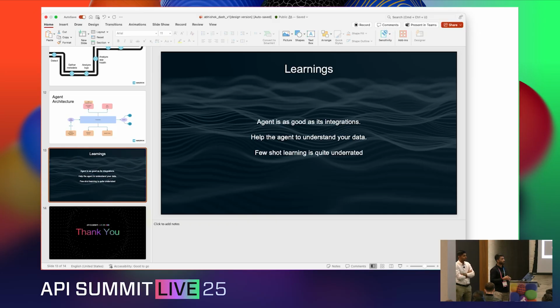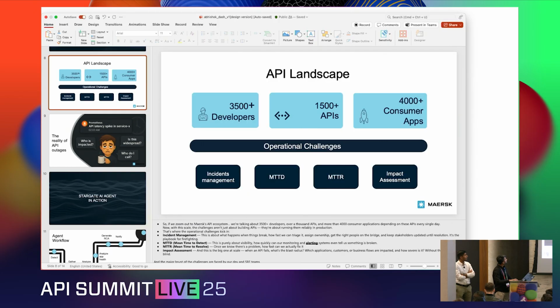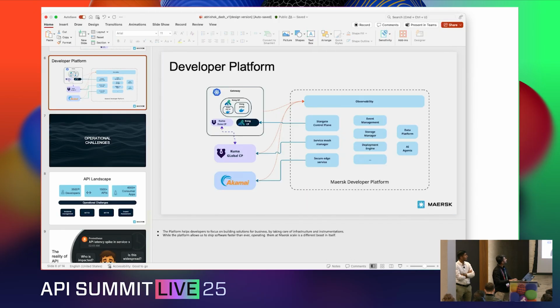Yes. The Stargate control plane is our API management platform. Whenever we onboard any API onto it, we onboard it to the gateway, configure the necessary stuff in the service mesh and Akamai, and also configure alerting rules on the observability platform, which is Grafana and Prometheus.